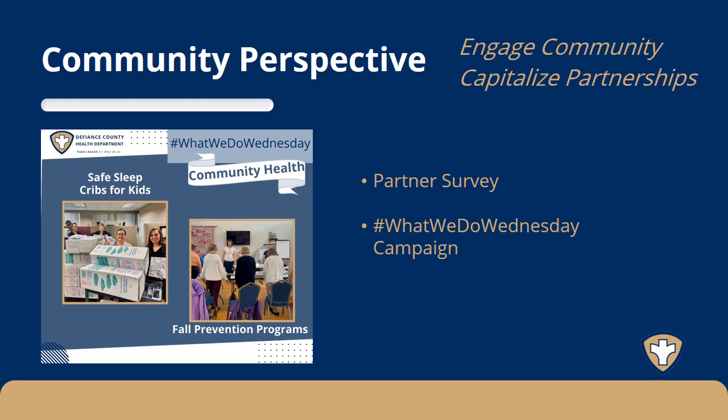Doing this survey helped to get information to develop the What We Do Wednesday campaign. On the screen, you'll see an example of a social media post for the What We Do Wednesday campaign, and this specifically was highlighting the Safe Sleep program, our Cribs for Kids program, as well as fall prevention programs at the health department.